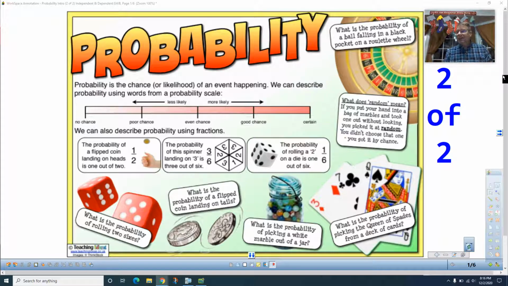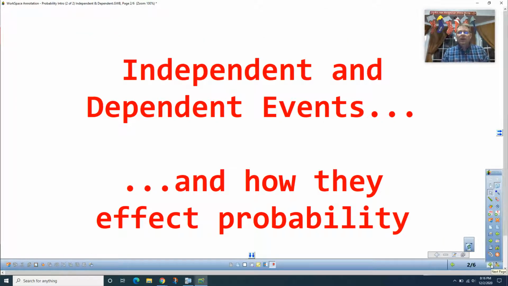In this video, we're going to look at the idea between independent and dependent events. Sometimes the probability depends on what happened previously, and we're going to look at how that affects the probability of a situation.